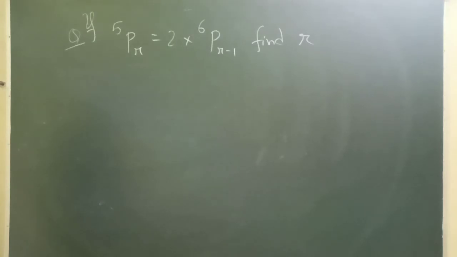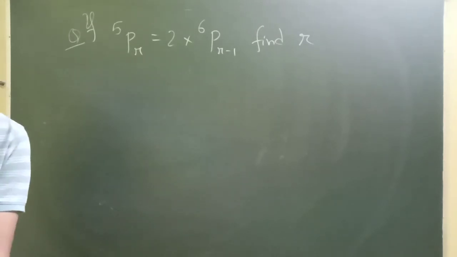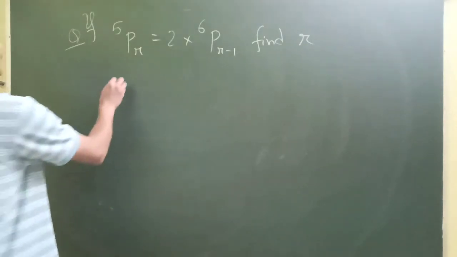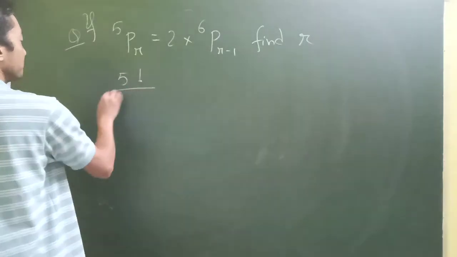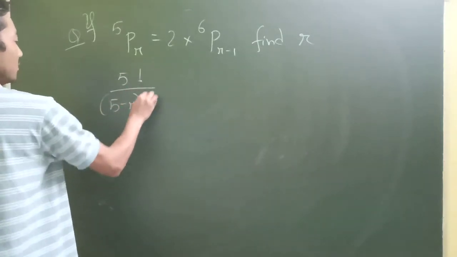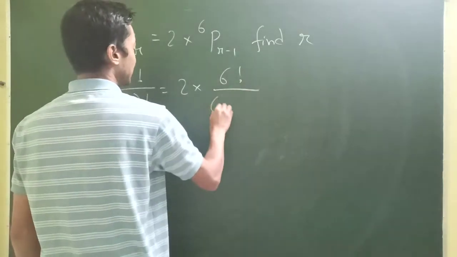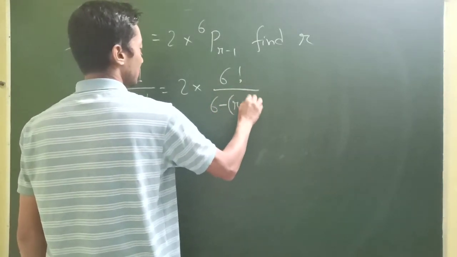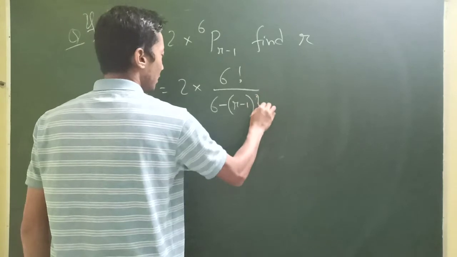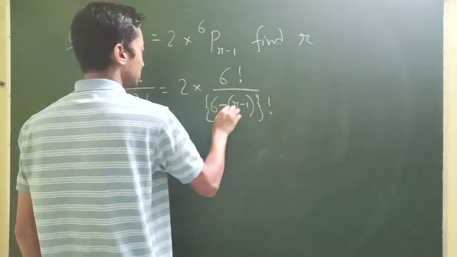If 5PR is equal to twice of 6P(R minus 1), find R. Let's solve. 5 factorial over (5 minus R) factorial equals 2 into 6 factorial over (6 minus R) factorial.